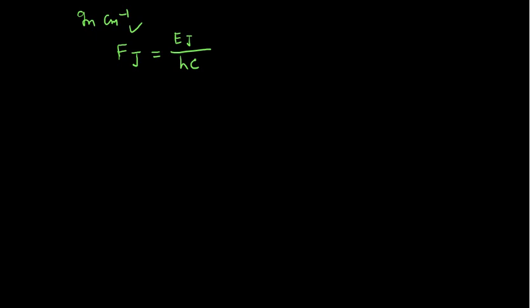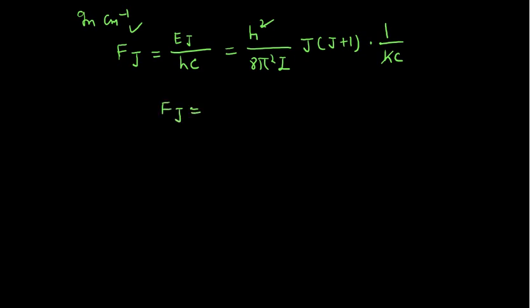Your Ej was h square divided by 8 pi square I, j into j plus 1, and this would be multiplied by 1 upon hc. Okay, so h and h would cancel out, and here you will have Fj equals to h upon 8 pi square Ic into j into j plus 1.